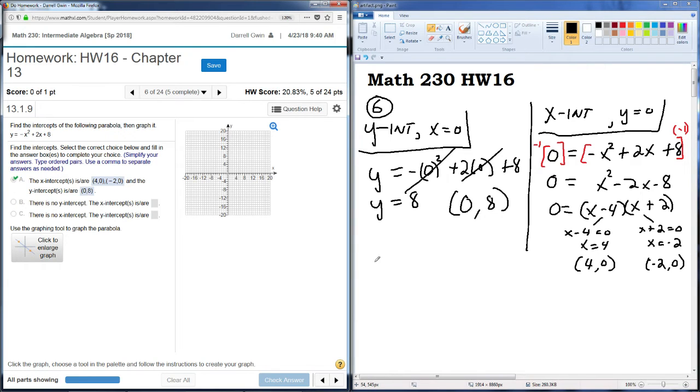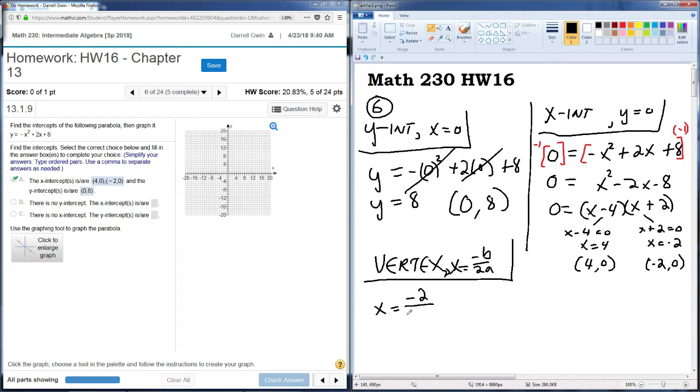For the vertex, x equals negative b over 2a. So x equals negative, what's b? 2 over 2 times a. In this case, a is negative 1. Negative over negative is positive, and that's a 1.